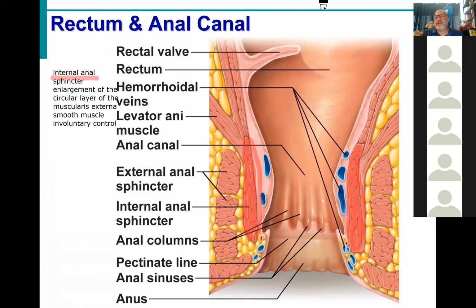But I want you to notice something else. There is a second enlargement of muscle here. This second enlargement of muscle are these muscles located over here. And again, our artist has not done the best job of showing us this, but they are actually an extension of our urogenital diaphragm. If you remember back from 430, we have the diaphragm, which of course separates our thoracic cavity from our abdominal pelvic cavity.